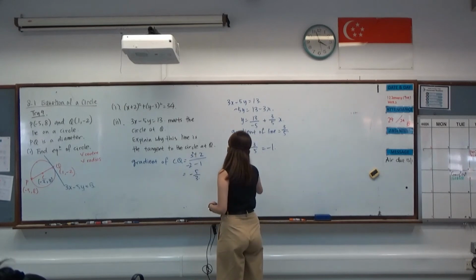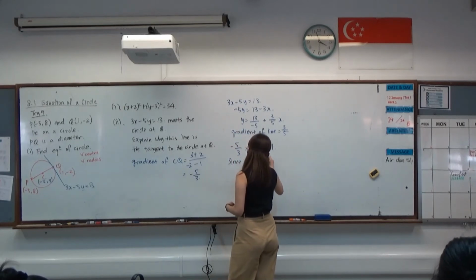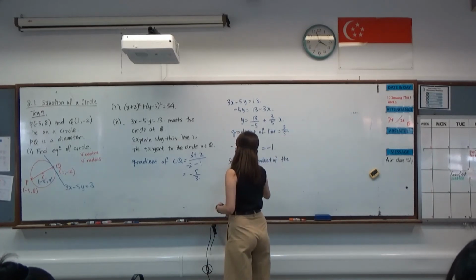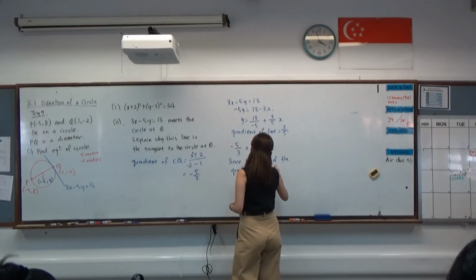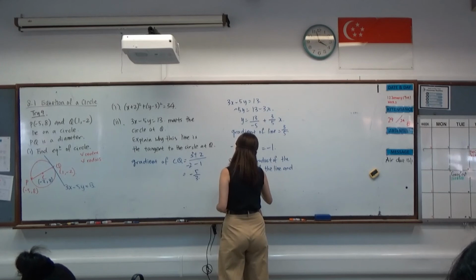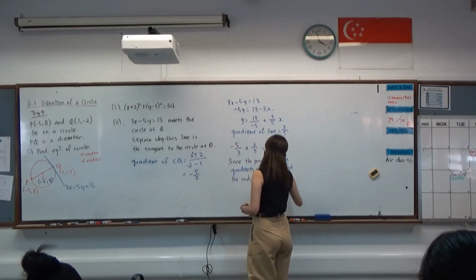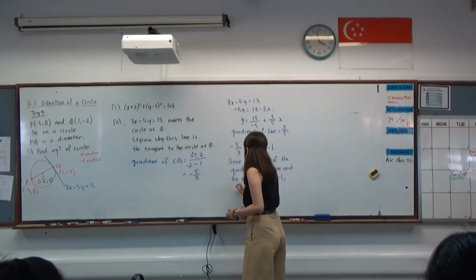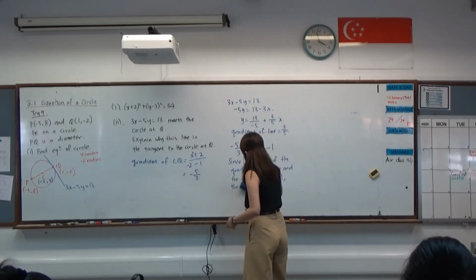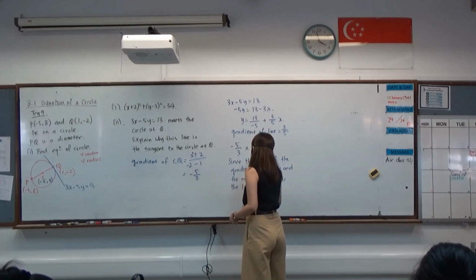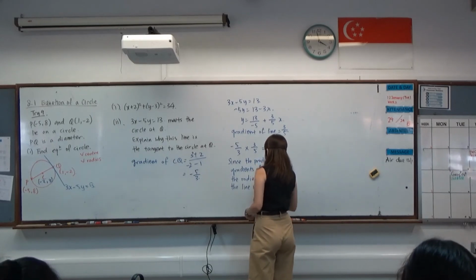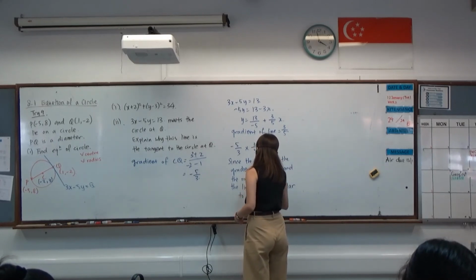So since the product of the gradients of the line and the radius CQ is negative 1, the line is perpendicular to the radius.